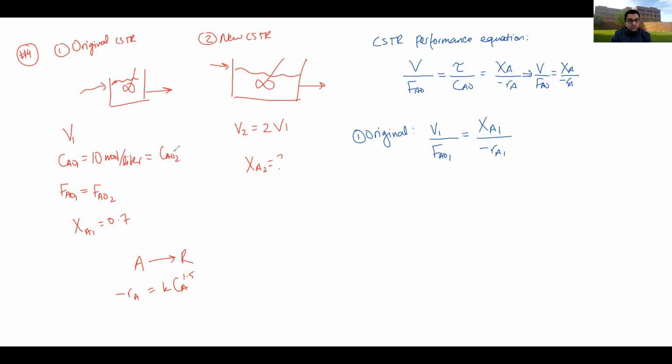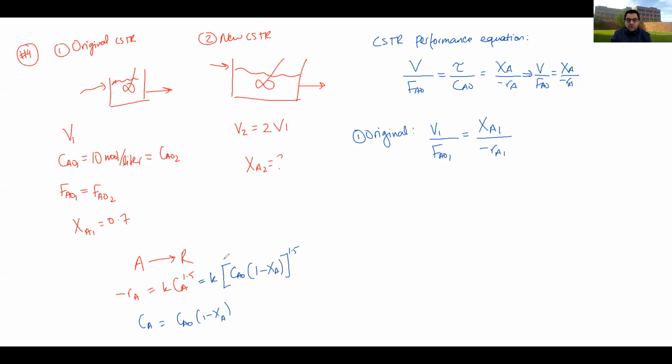I'm not given anything about CA, so let's write it generally: k CA0 into 1 minus XA to the power of 1.5. Recall that CA is equal to CA0 times 1 minus XA. This is the definition of the conversion.